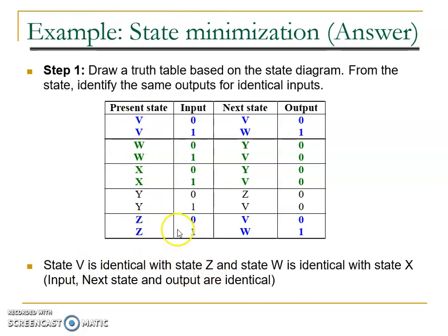What is meant by identical? For V and Z, the inputs are similar, 0, 1. You can see that the next state and output are also similar. The next state is VW and this is VW. The output is also 0, 1 and this is 0, 1.